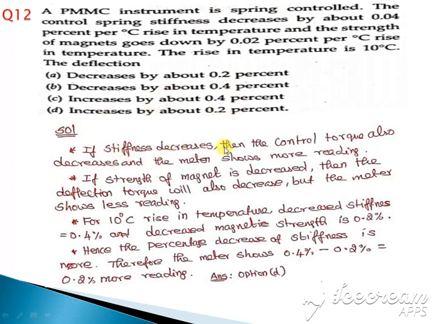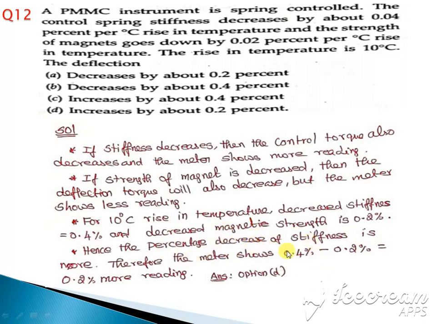If the stiffness decreases, the control torque also decreases, so the meter shows more reading. Next point: if the strength of the magnet decreases, the deflecting torque will also decrease, so the meter shows less reading. For a 10 degree rise in temperature, the decrease in stiffness is 0.04 percent and the decrease in magnetic strength is 0.2.